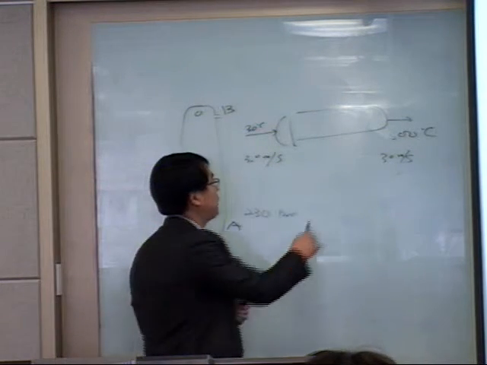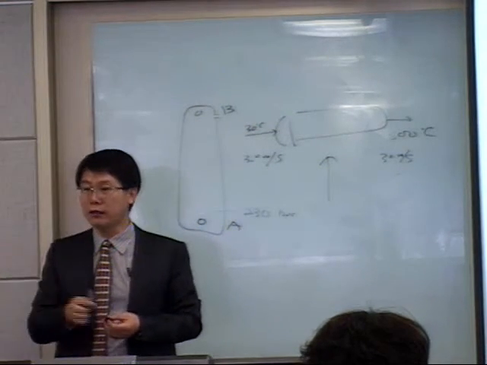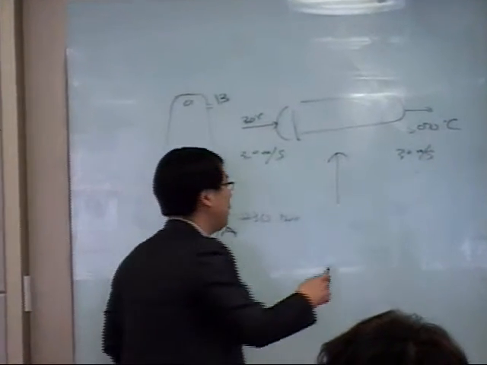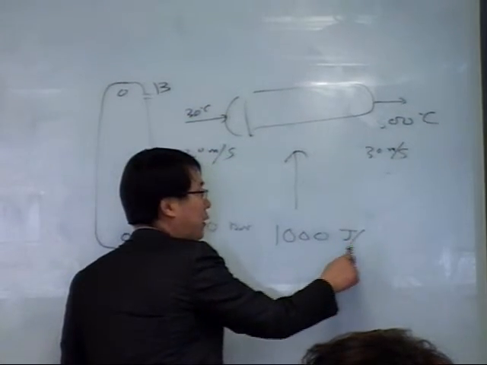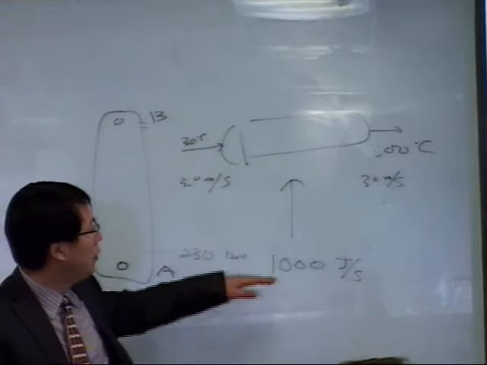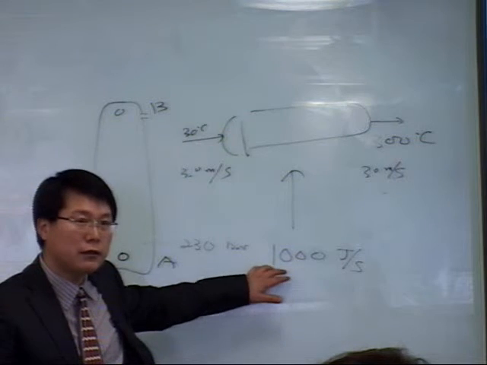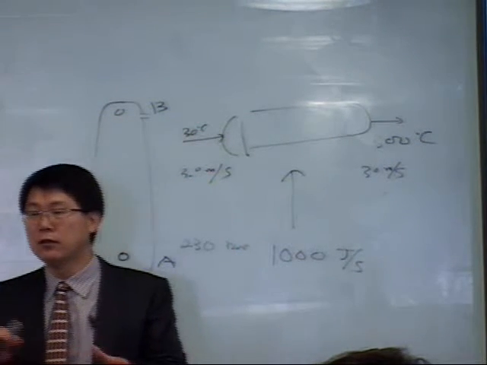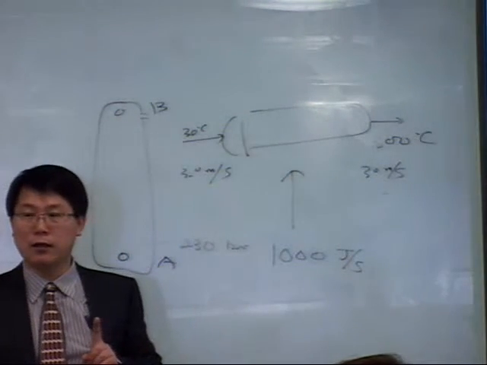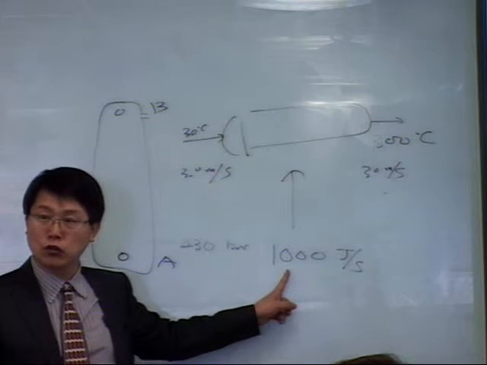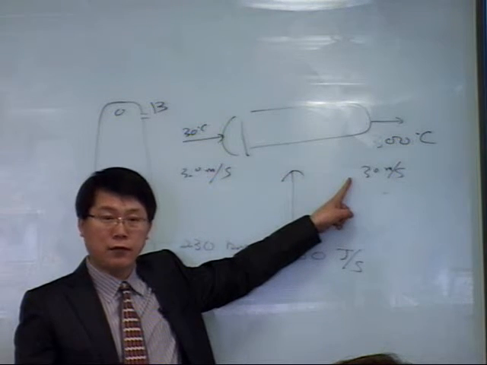Okay, let me explain this. In order to generate the steam, we apply the energy. Assume that it would be 1000 joule per sec. This energy is the source to increase the enthalpy and velocity. What I mean is this energy is used to increase the temperature and the velocity.